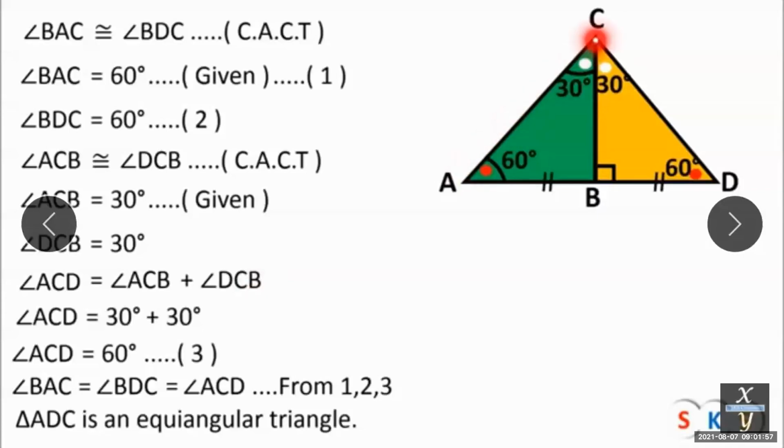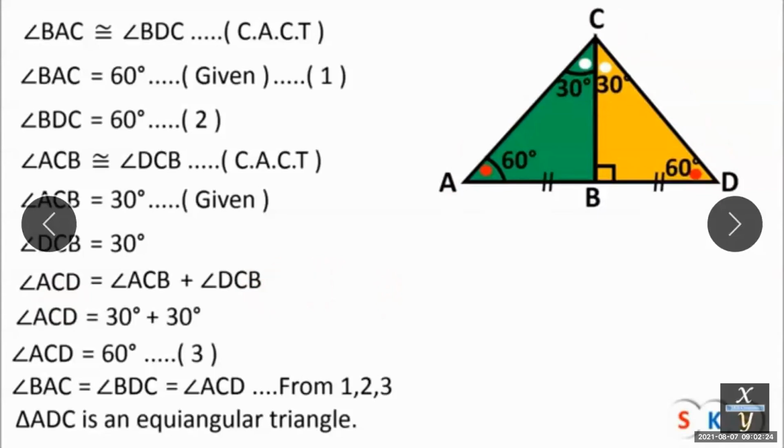This complete angle will form the addition of these two angles. It forms this complete larger angle, and that is angle ACD. So here angle ACD. Okay, angle addition postulate. You can write here the reason.